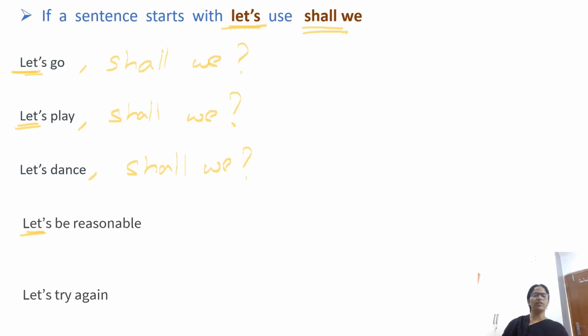Let's be reasonable. Shall we. Let's try again. Shall we. Hope you understood. If a sentence starts with let's, we use only shall we as a tag. Like in imperative sentences we use will you, similarly, if a statement starts with let's, we should use shall we.